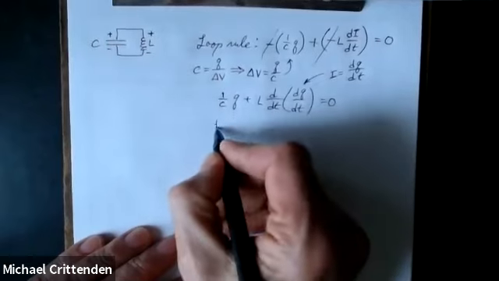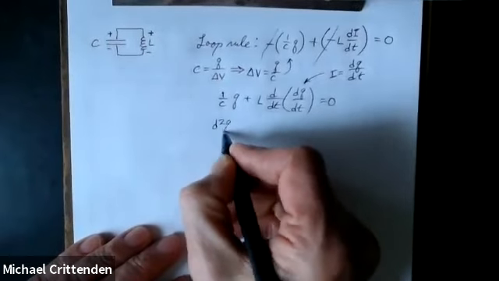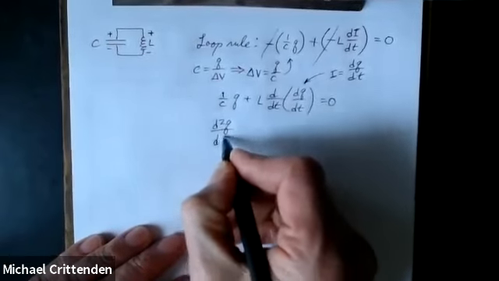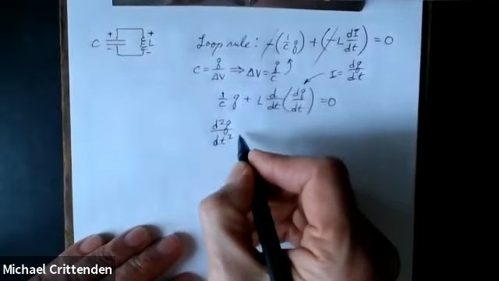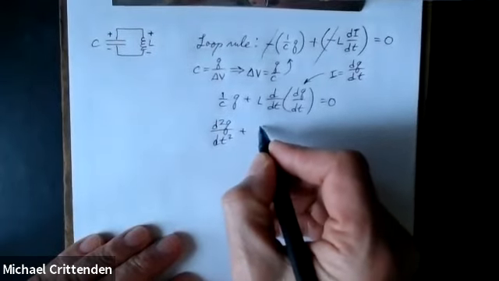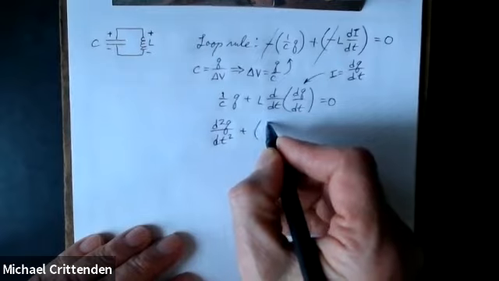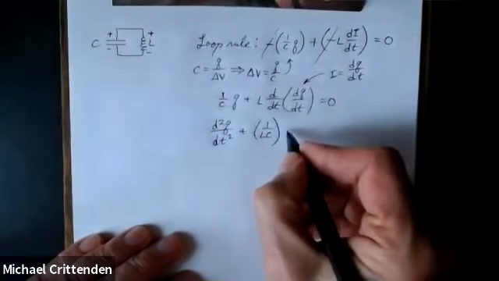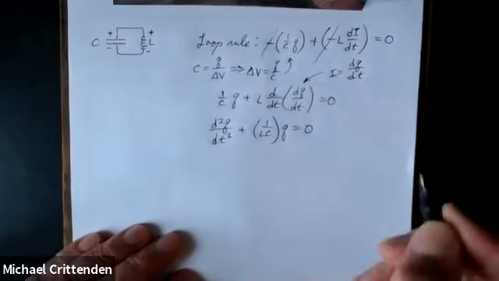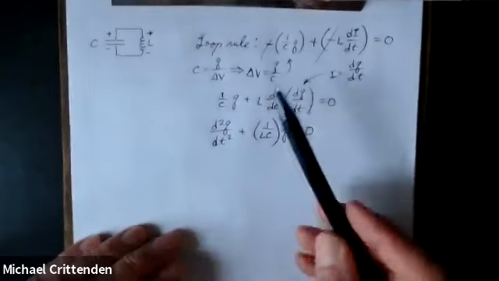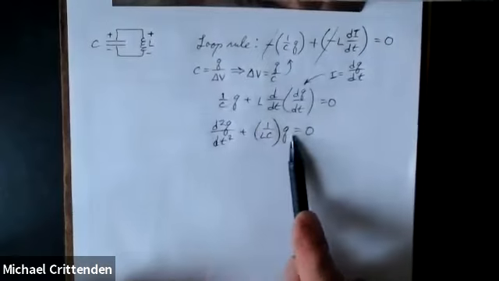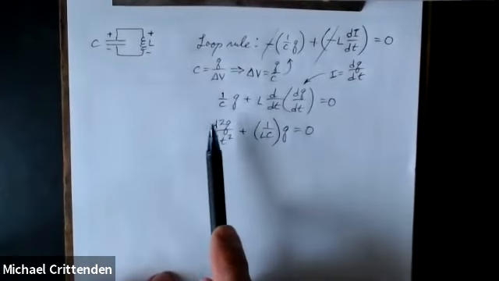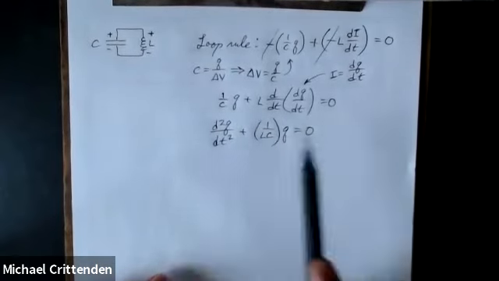And what you're left with is that plus that. So put this term over here, put that term over there, and divide by L.